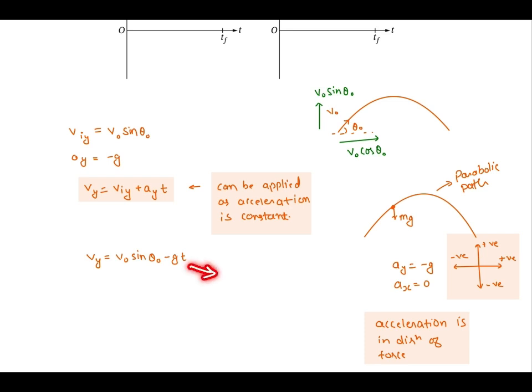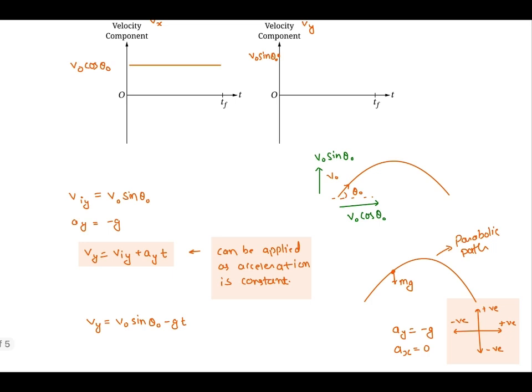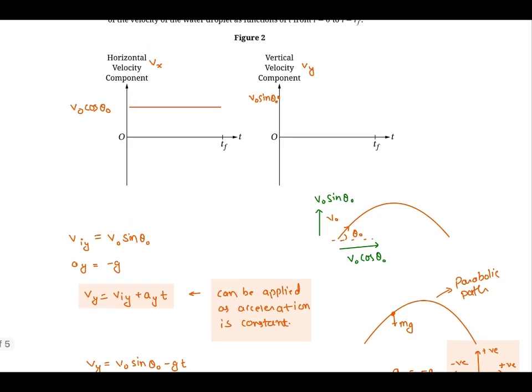If I write t equals 0 initially, then the initial velocity was v naught sin theta naught. And when time increases, this velocity in y direction will decrease. Let me mention this point. This is a special point.